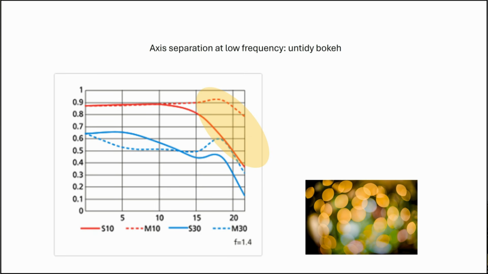It represents itself in out of focus specular highlights getting an elongated shape rather than being perfectly round, which tends to happen at wide apertures.